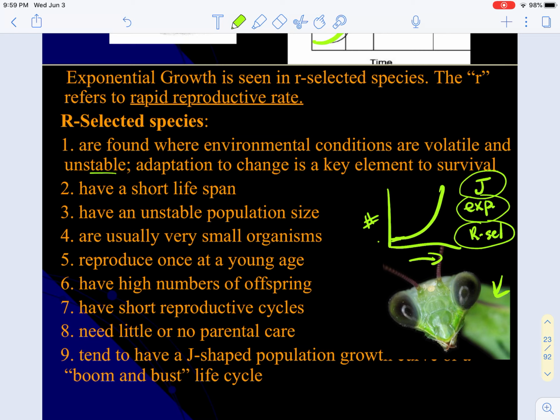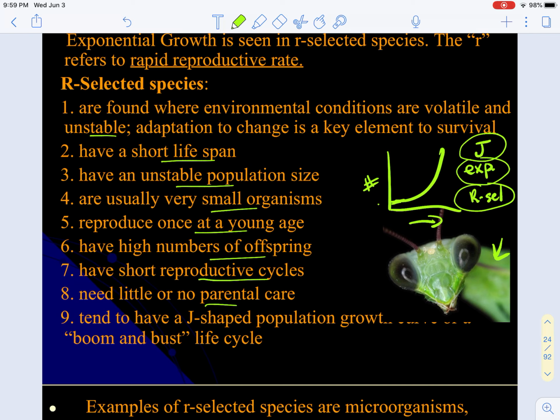And those R selected species are ones that can be found where there's an unstable environment and they can adapt. They have a short lifespan like insects or dandelions. They have an unstable population size, usually really small, reproduce once, have lots of babies, short reproductive cycles, don't need parental care, and this boom and bust or J-shaped graph is typical of them.